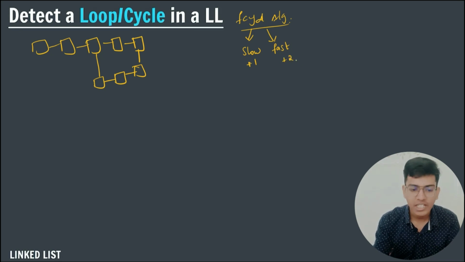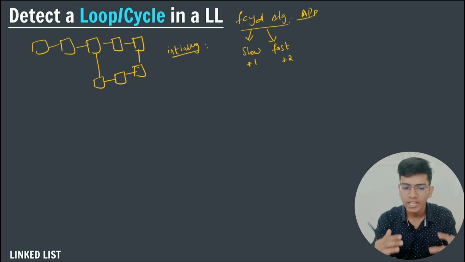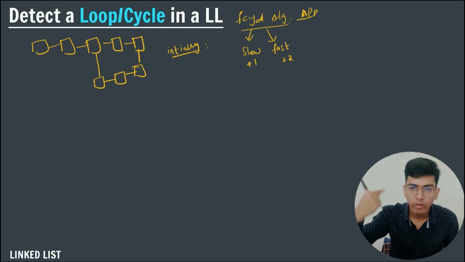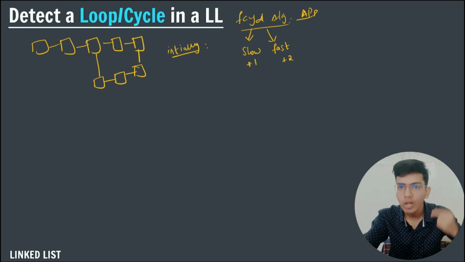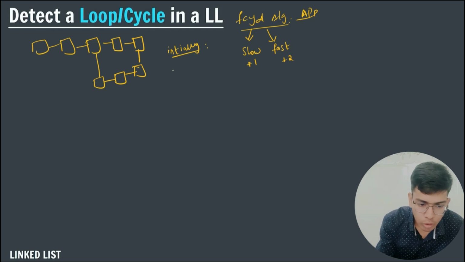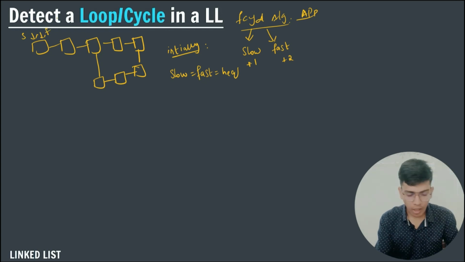First of all, we will create 2 pointers, slow and fast. Initially I will point slow and fast to my head. So initially my slow will be here and my fast will also be here.